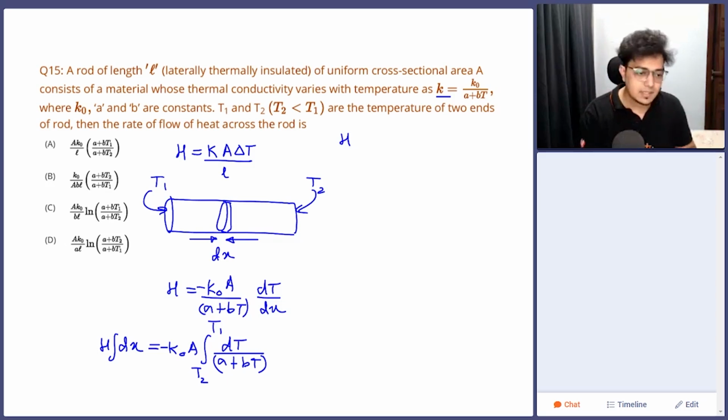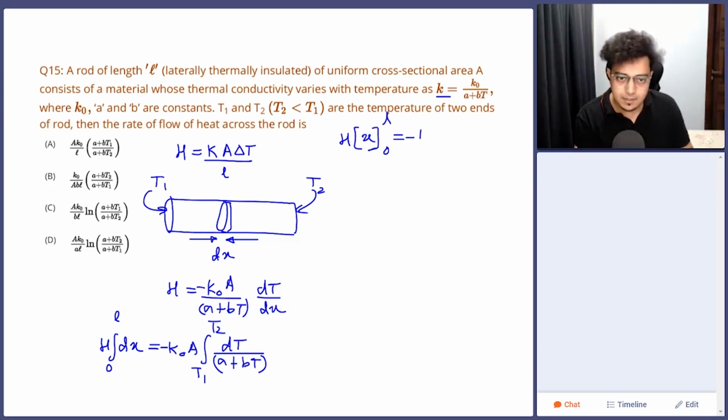So H as it is, integration of dx. The temperature varies from T1 to T2: for T1 the length is 0, for T2 the length is L. Now integrate this. Integration of dx will give us x between the upper and lower limits, with minus K naught A as it is. Integrate the other side also.